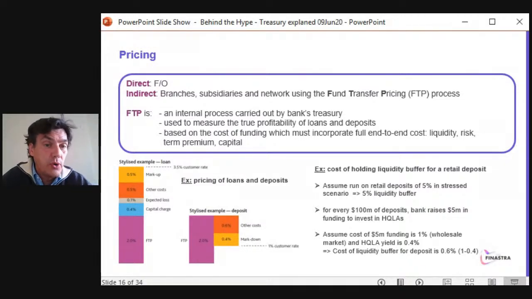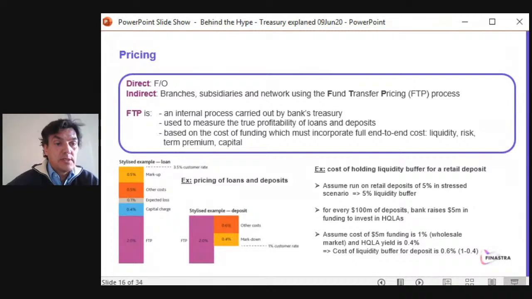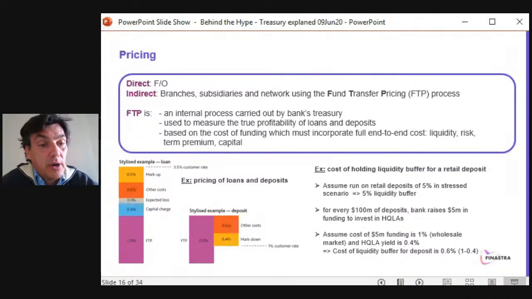I don't really want to go into the details of fund transfer pricing, but you can imagine that if the bank has to lend some money, a markup is added on the interbank market price. If the bank has to borrow, it will be a markdown on where they can relend that money into the market.